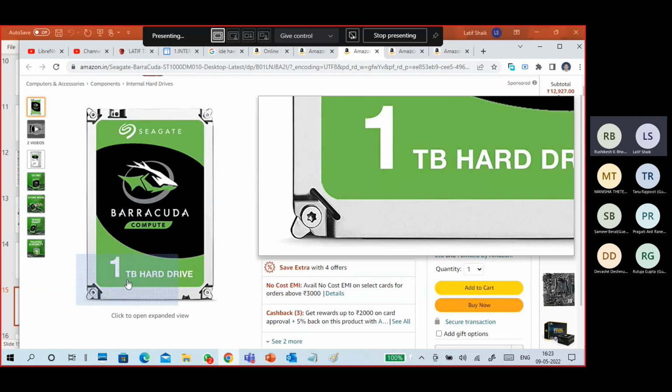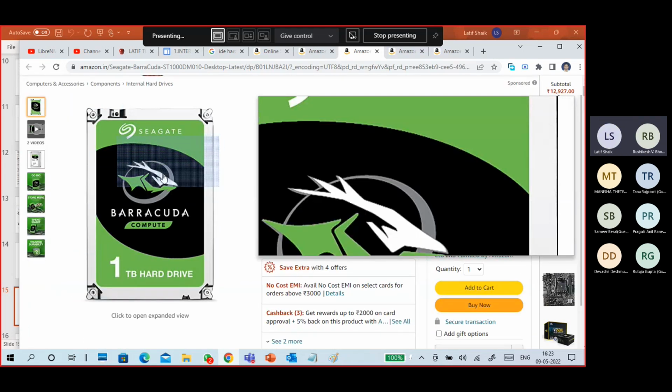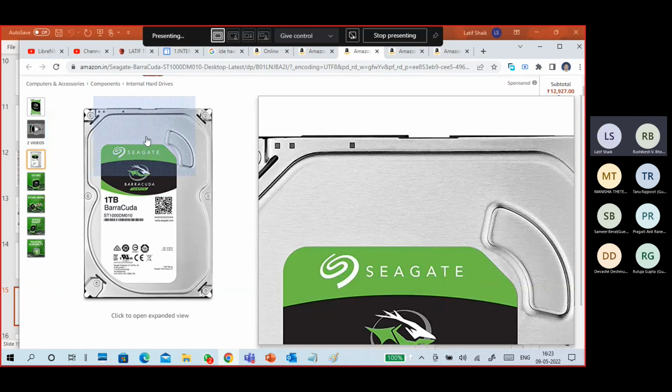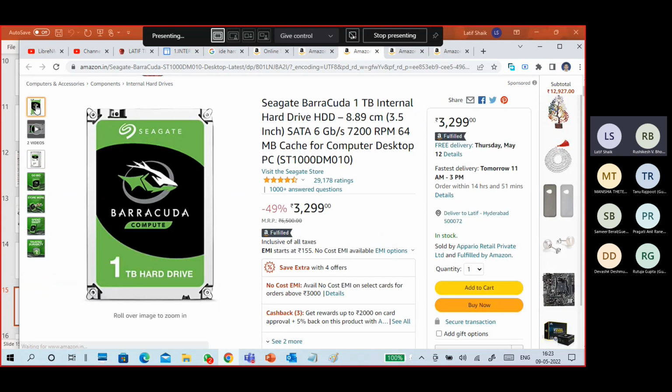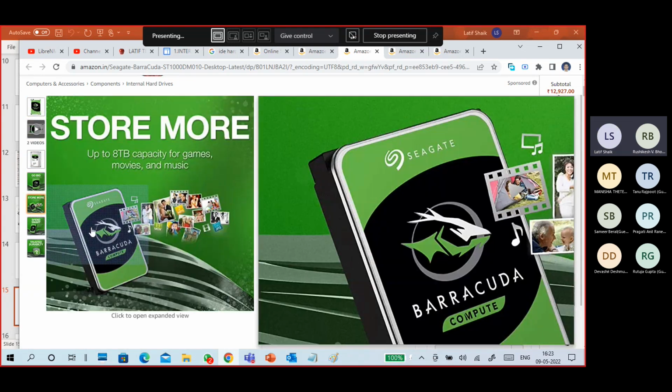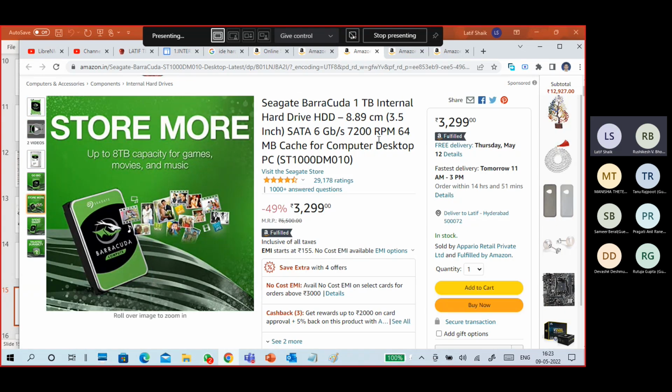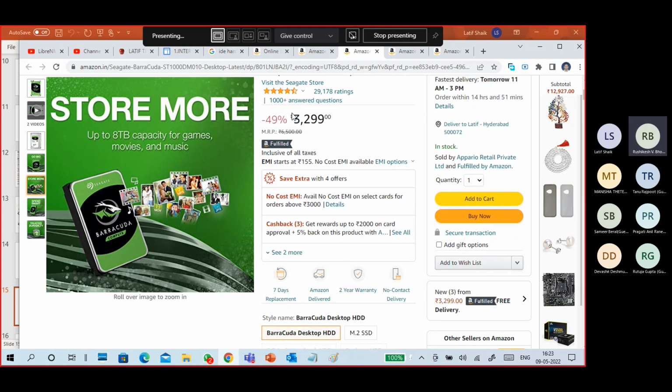This is a 1 terabyte normal desktop hard disk. Look at it, it looks very big. It is a 1 terabyte normal hard disk with SATA 6 Gbps speed. Cost is 3,299.